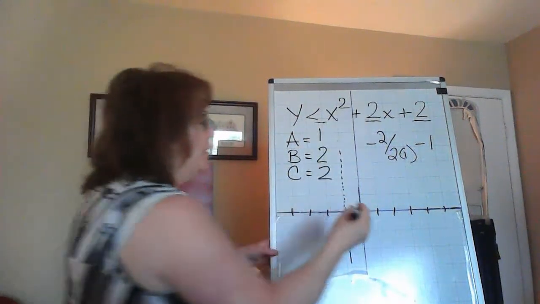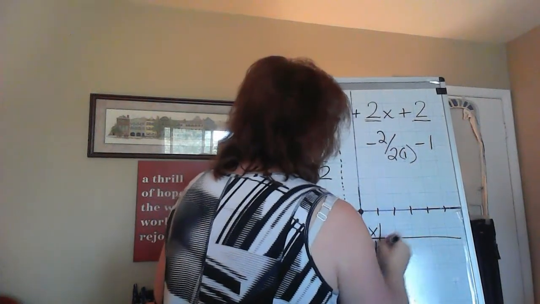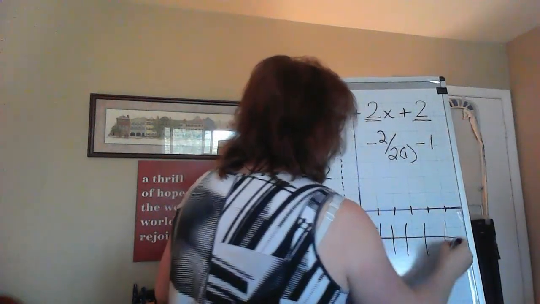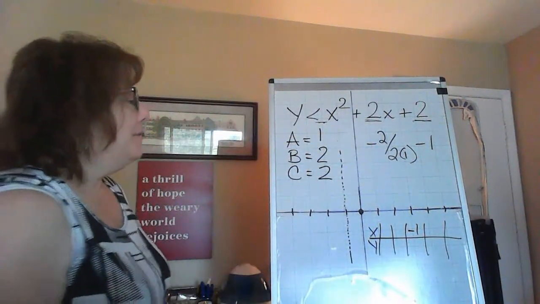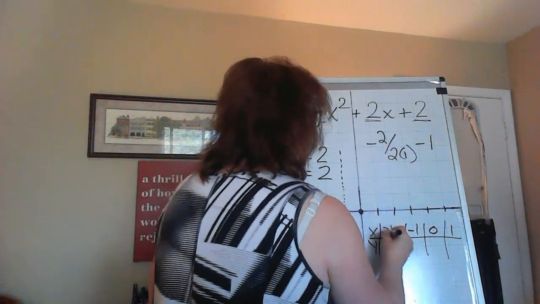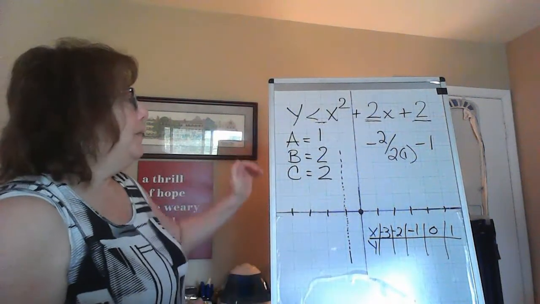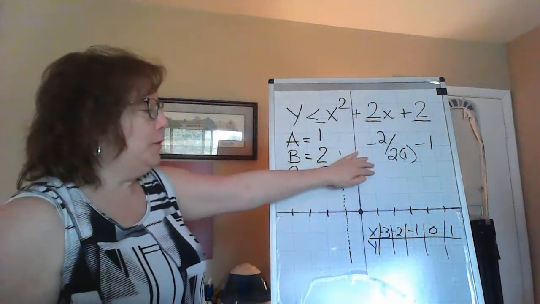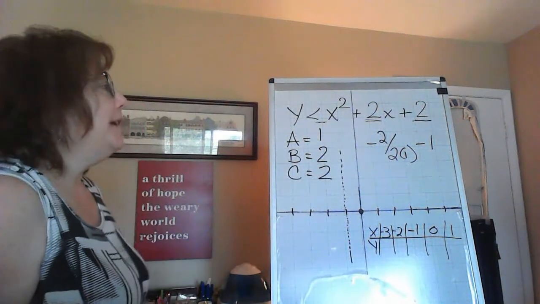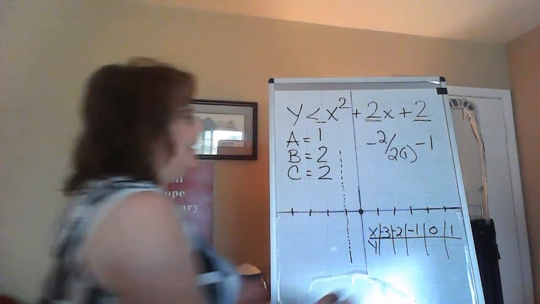Now I want to do my table of values. And I'm going to put my negative 1 in the middle. And then I'll go up to 0, 1, negative 2, negative 3. Then I just start plugging those points in. So step 1, step 2, step 3. You should understand those by now. So I put the 0 in, I'm going to get a 2.